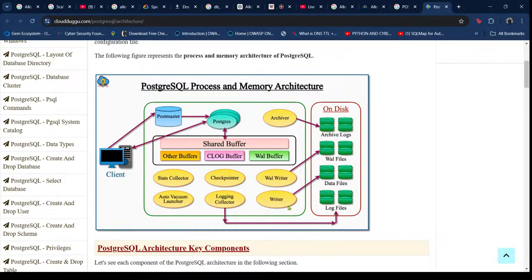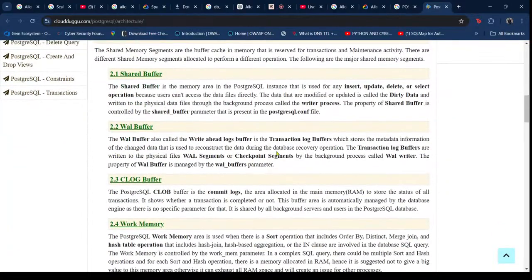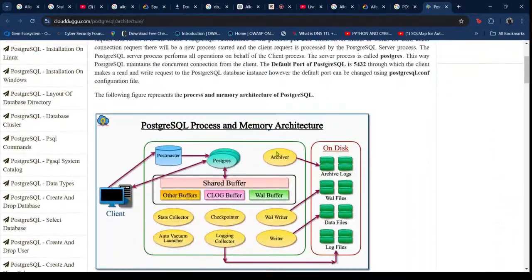Right. Since it's open source, we can tweak Postgres to write it on the RAM and make it quicker for access. The same thing Google has done.